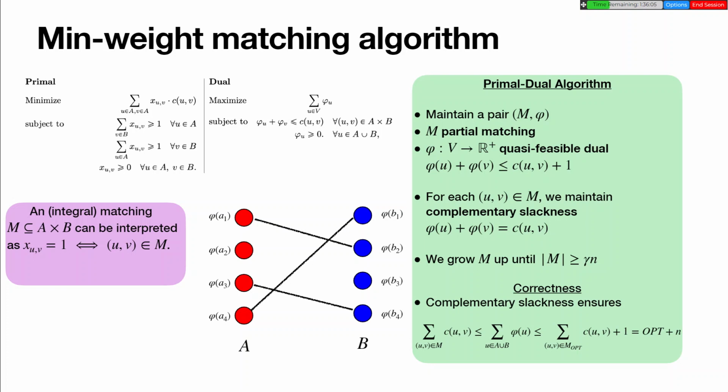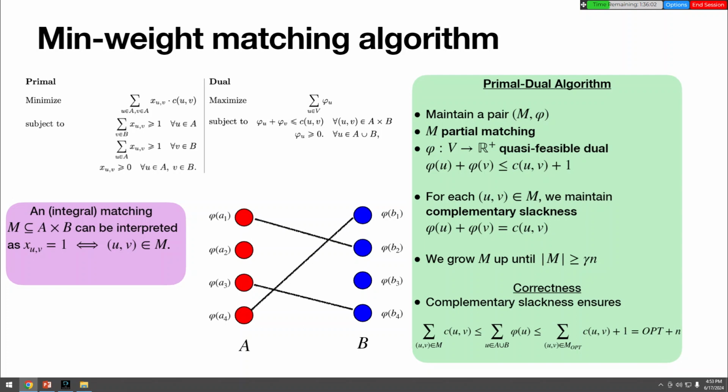This is at most OPT plus n. Now this additive term n, if we scale things correctly, we can basically hide under the carpet of our additive approximation. But we don't want to work out all the details here, just give a sense of why things work.